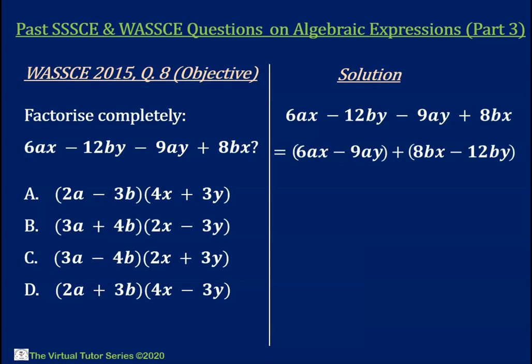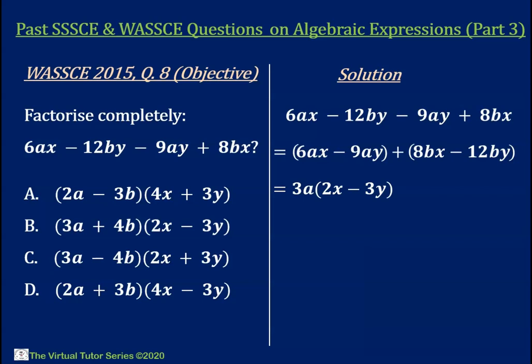The common factor of 6ax and negative 9ay is 3a. So the first group factorizes as 3a into bracket 2x minus 3y. Also, the common factor of 8bx and negative 12by is 4b.